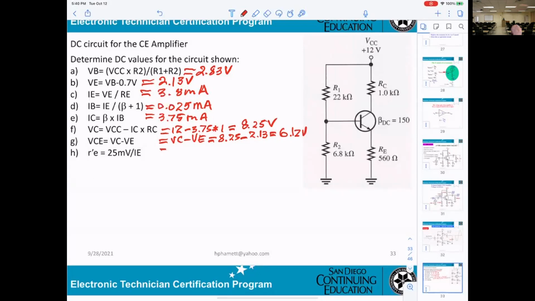Okay, finally, r'e equals 25 divided by IE 3.8, 6.56. 6.56.